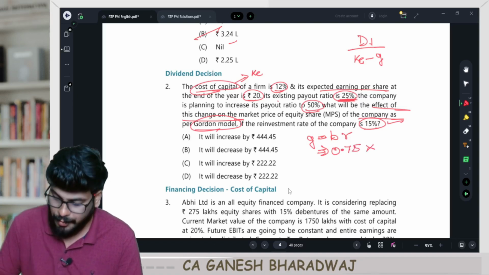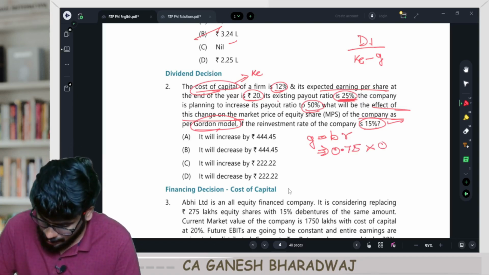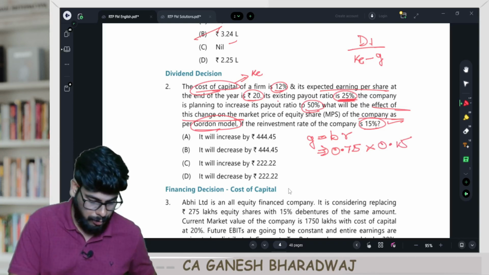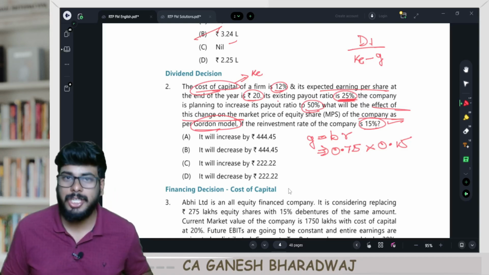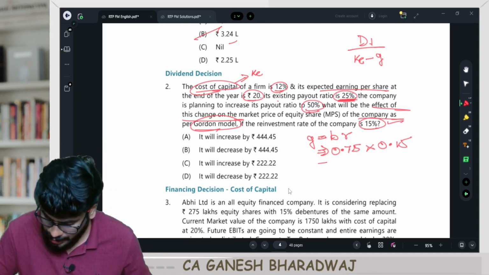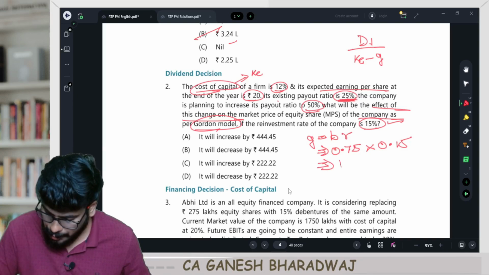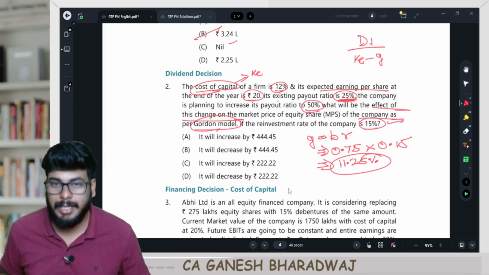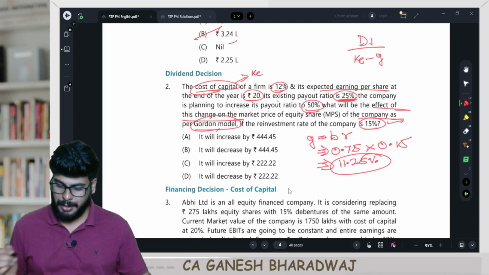And the rate of return on reinvestment, how much is that? 0.15. So how much is my growth rate? 0.75 into 0.15, it's going to be how much? 11.25%, right? So currently my G is going to be 11.25%. At present, I'm telling G is equal to 11.25%.